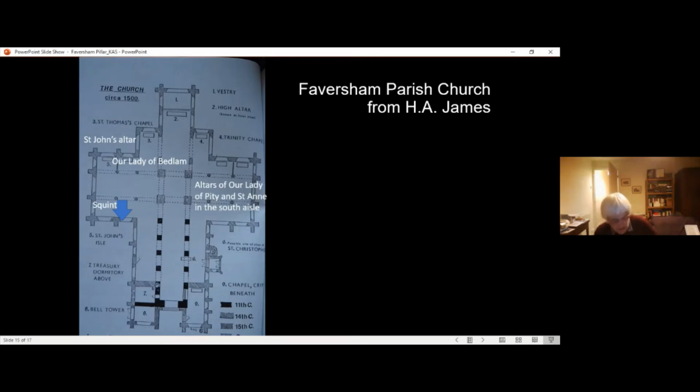So we have these altars, and therefore a series of popular foci for the cult of the Virgin Mary around the church. They're offering parishioners as worshippers considerable opportunities to either concentrate on one image or to move from one image to another around the building. And they would do that.